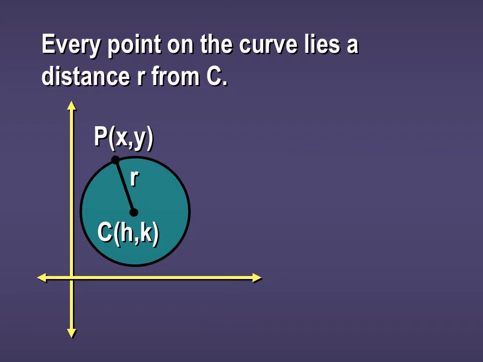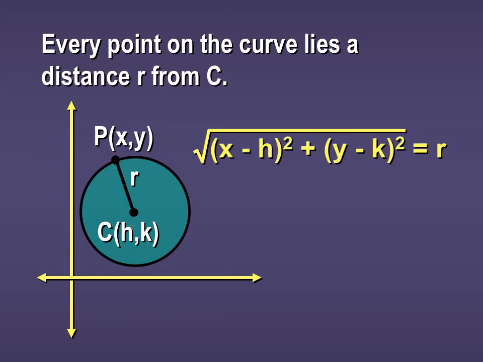But we want to figure out where this equation comes from, okay? Well, we know that x, y and h, k is a distance, okay? There's a distance between those 2 points, and it's equal to r, which is a fixed number. So we can use our distance formula, okay? The square root of x minus h squared, the difference between our x values squared, plus the difference between our y values squared, equals r, right?